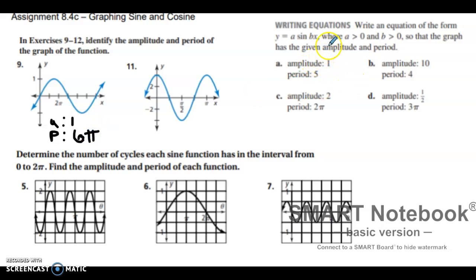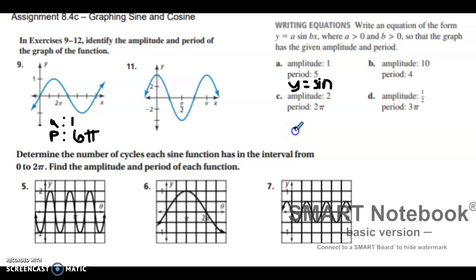Let's look over here at A. Amplitude is 1, period is 5. So we know that the equation is y equals 1 sine of x, but I'm just going to write 1 sine. Now this one's a little tricky because the period is 5, but we don't know the cycle.